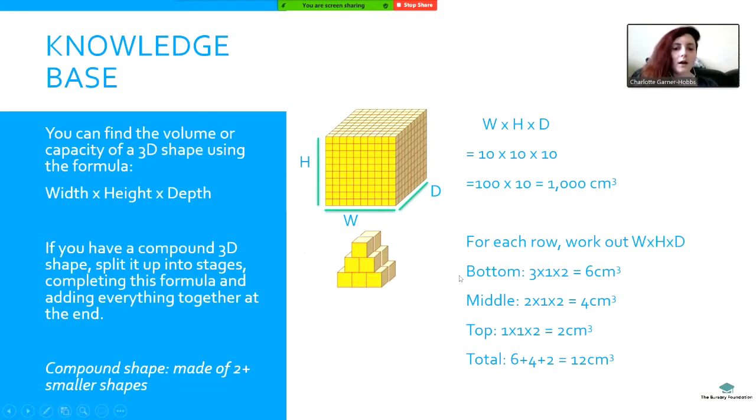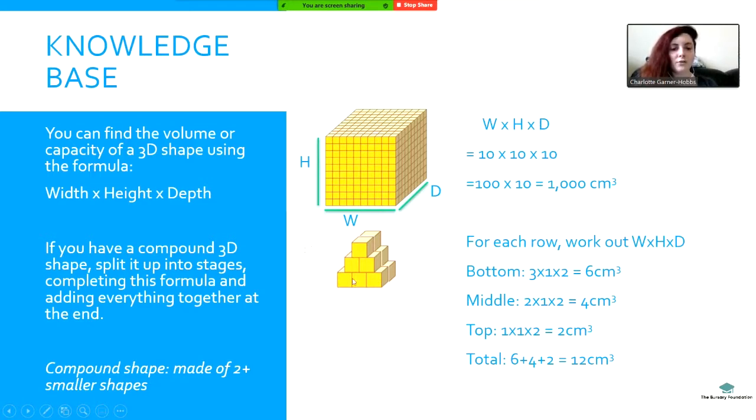We could also have compound shapes a bit like this one, where we'd have to work out each segment of the 3D shape by itself. For instance, with the bottom row, if this was just a compound shape with area, I'd work out the area of this rectangle, then add the area of the middle shape, then add the area of the top shape. Because it's depth, I'm going to work out the volume of each row and then add it all together.